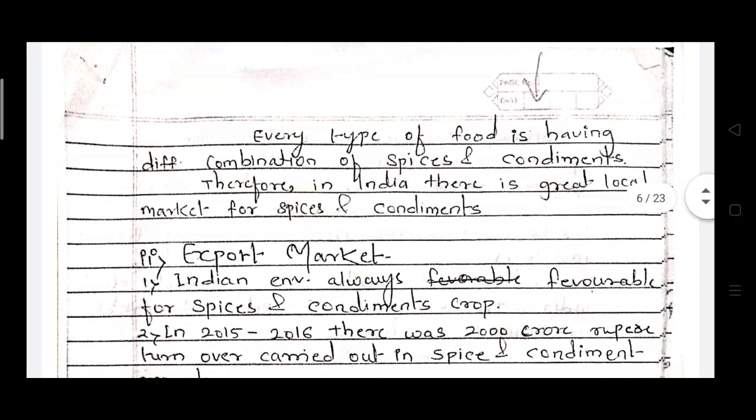Preparing every type of food has different combinations of spices and condiments. Therefore, in India there is a great local market for spices and condiments.